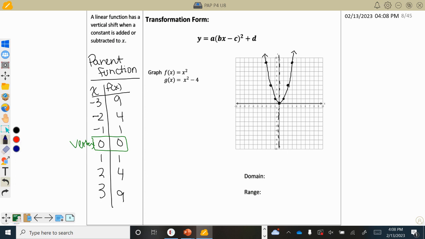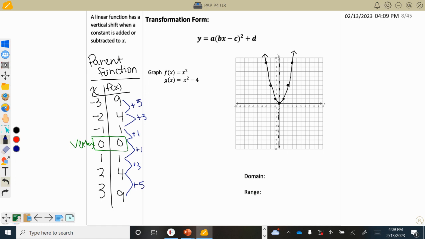From my vertex, if I go in either direction, I have a change of 1. And then if I go again, I have a change of 3. From 1 to 4, I get 3. And then again, from 4 to 9, it goes up 5.